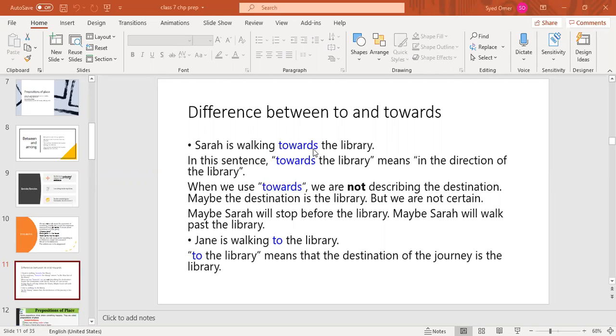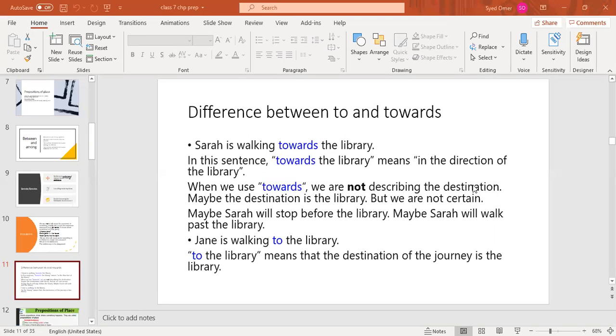But if I write this example, Sarah is walking to the library, it means that the destination is final. Her destination is the library. So towards the library means in the direction of the library. When we use towards, we are not describing the destination.